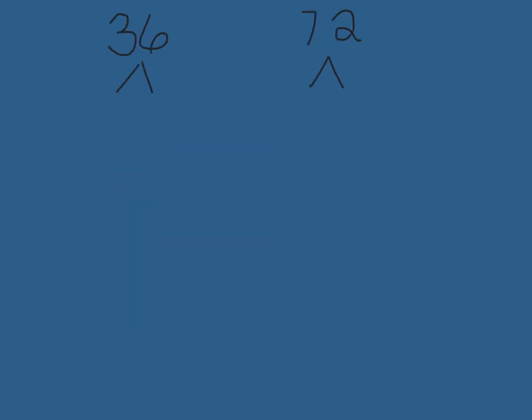Okay, let's take a look at the numbers 36 and 72. For 36, I have 6 times 6, and I break those down into 2 times 3 and 2 times 3. Then I put them in order from least to greatest. 2 times 2 times 3 times 3. So now I do 72.